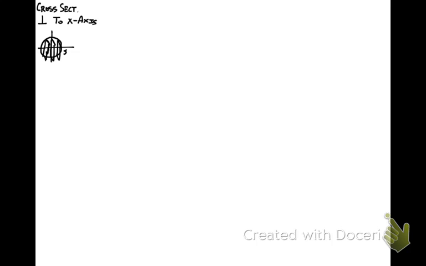If I could look at this from the side, you might see something like this. So this would be maybe the very middle of the object, and then it's going to have square shapes coming at you the whole way.